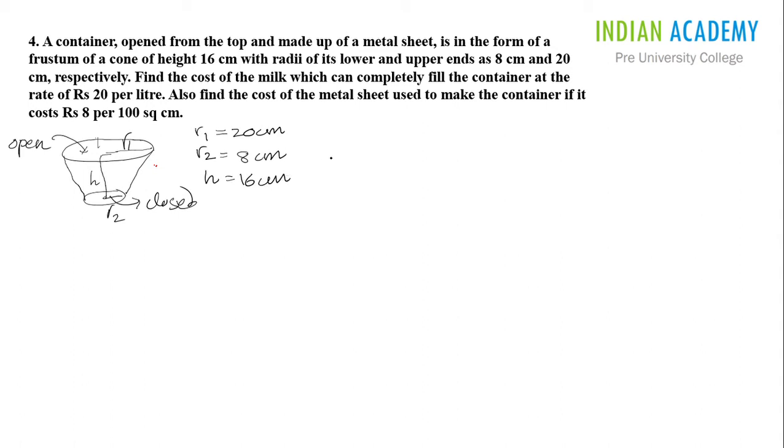And we know how to find the volume of the frustum. We have the formula V equal to 1 by 3 into pi into h into R1 squared plus R2 squared plus R1 into R2, which will give us 1 by 3 into pi.